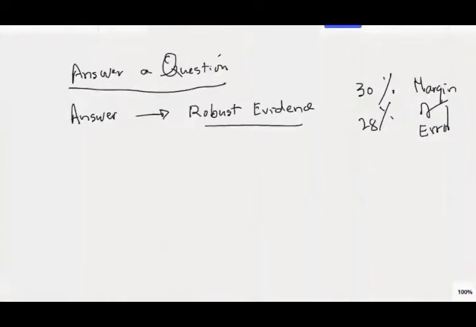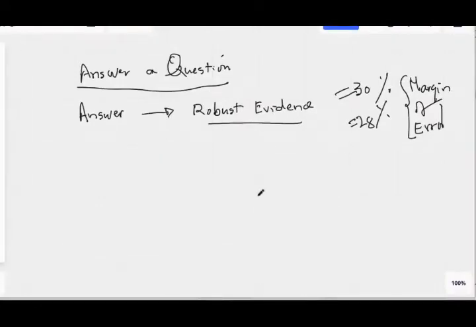So even if it is not the same, not mathematics, these are true, valid within a particular margin of error. Whenever you say that I want to answer a question, remember we are answering the question statistically, which means my answer and your answer are not going to be the same.